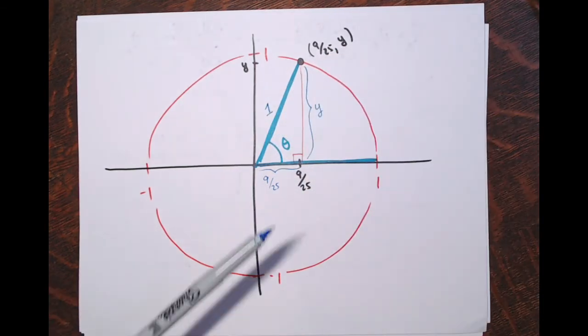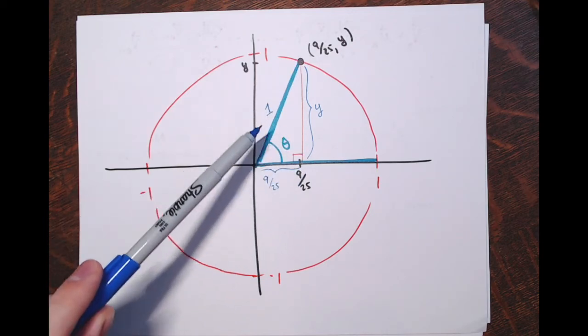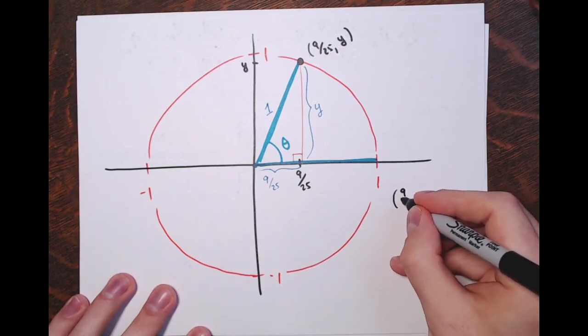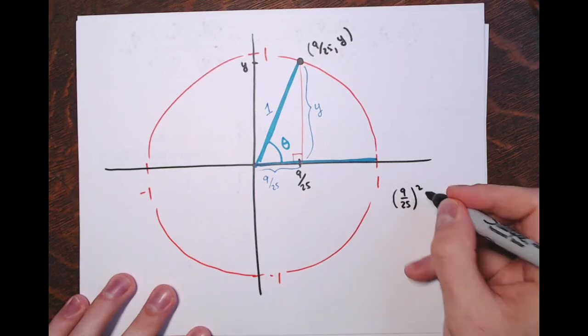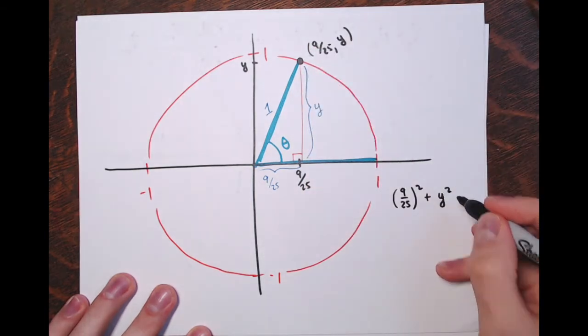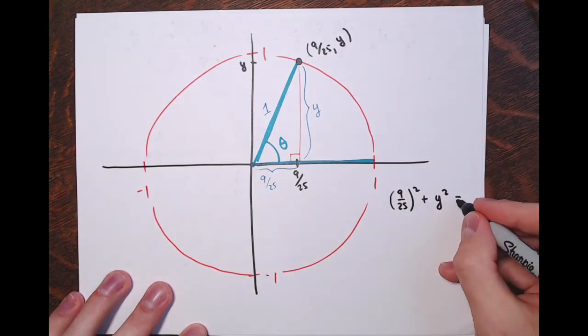So do you see what I have here? I have a right triangle where I know 2 of the side lengths, so I can find the third one using the Pythagorean theorem. So 9/25 squared plus y squared. The sum of the squares of the legs should be equal to the hypotenuse squared, so it should be equal to 1 squared.